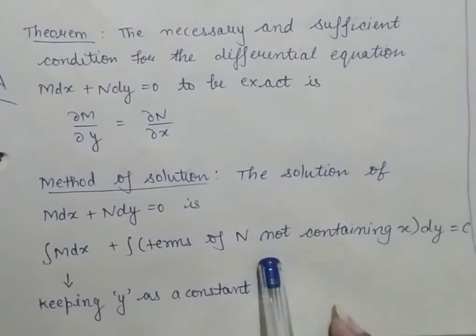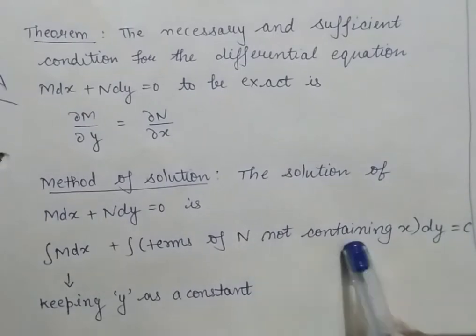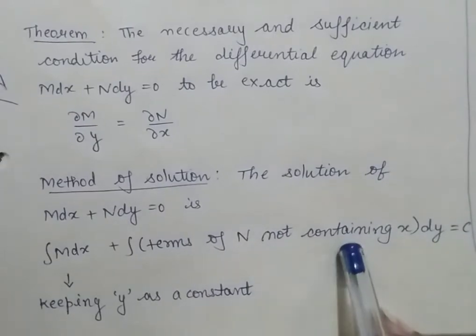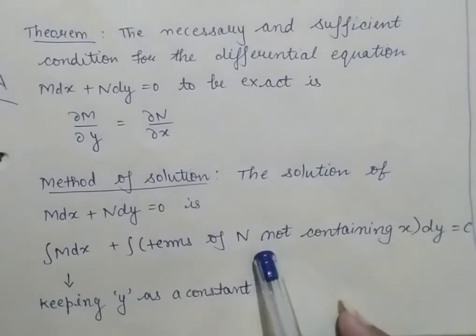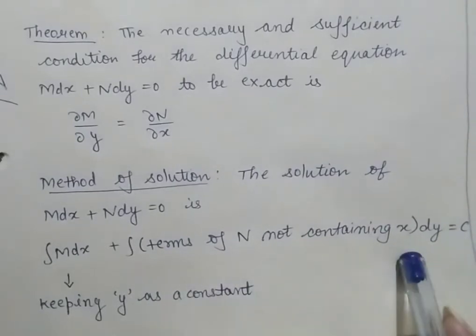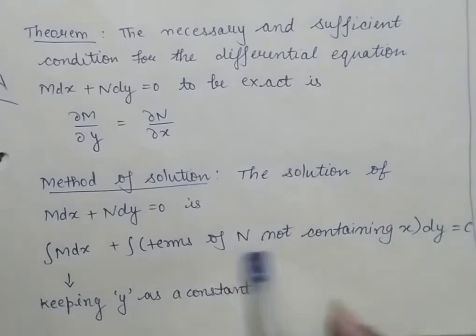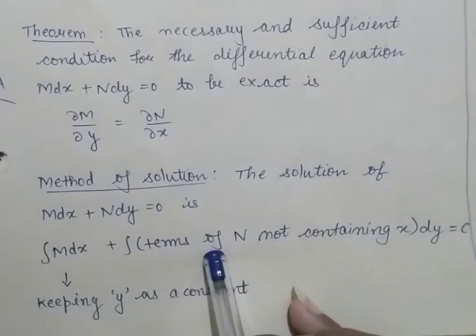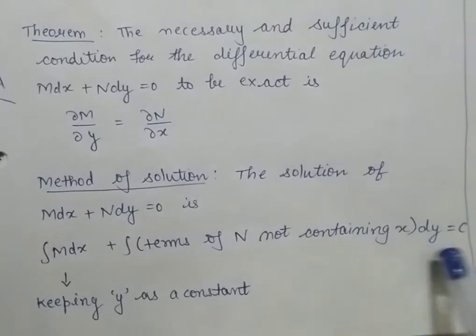If N has only a term which contains x, then this integral would be 0, because we need the integral of terms of N not containing x. So here we must have only y terms, and we integrate with respect to y. This is equal to c.